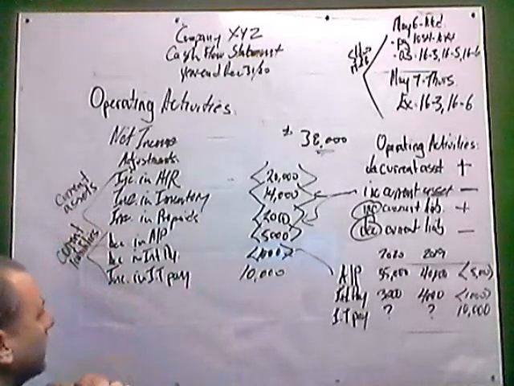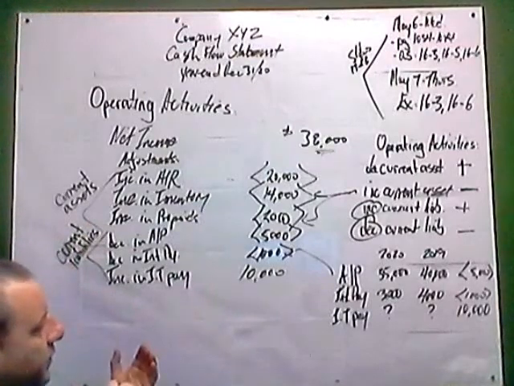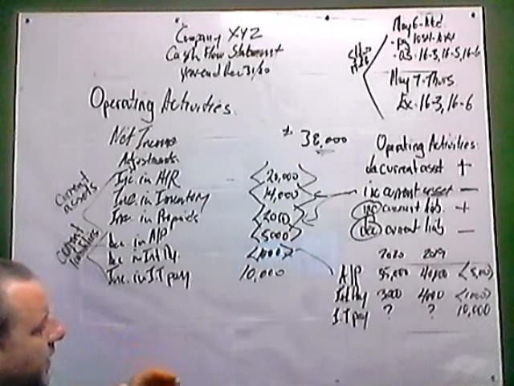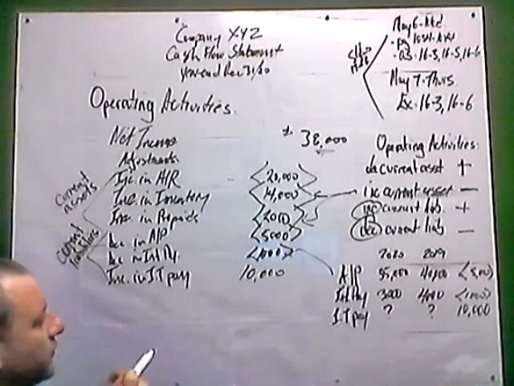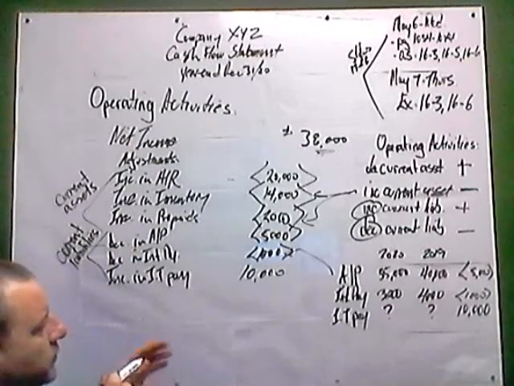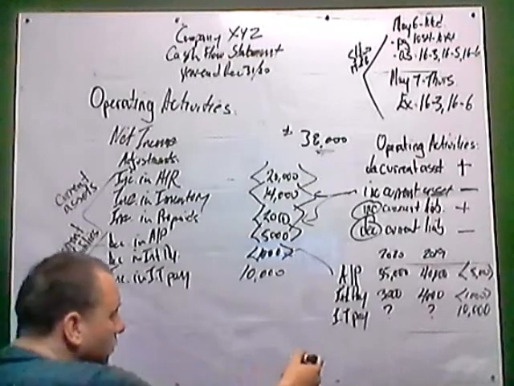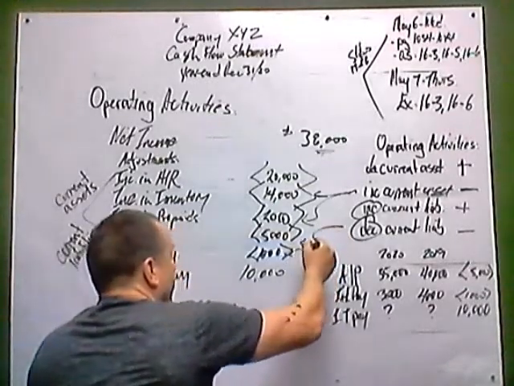Okay. Now, moving on to current liabilities, same thing. In 2020, we had a balance of $35,000. In 2019, it was a balance of $40,000, so a difference of 5. Since our current liability decreased, we're going to subtract that difference.